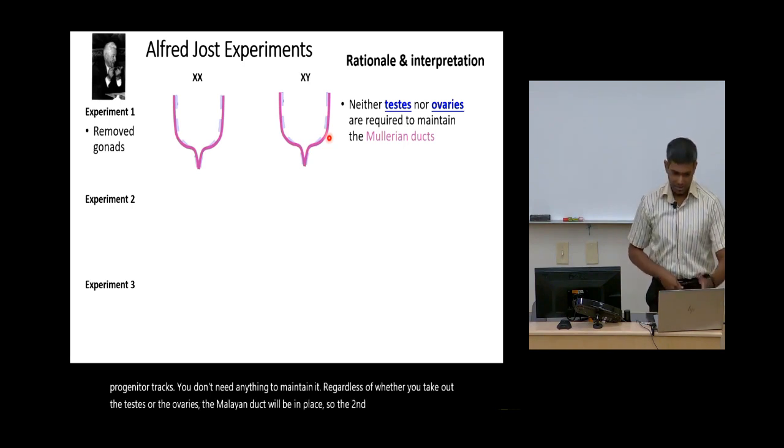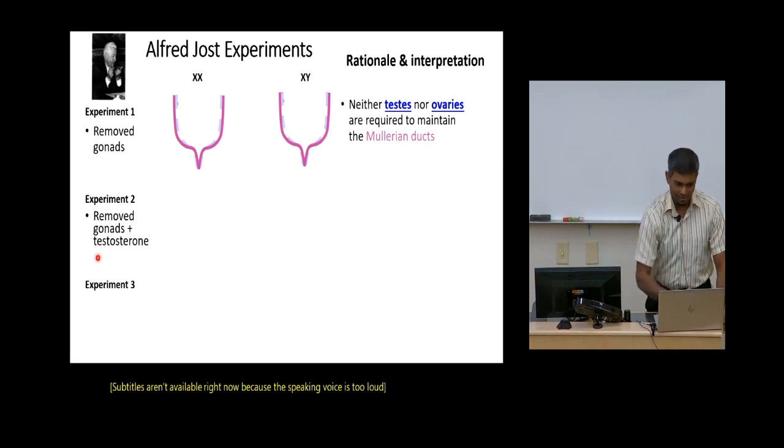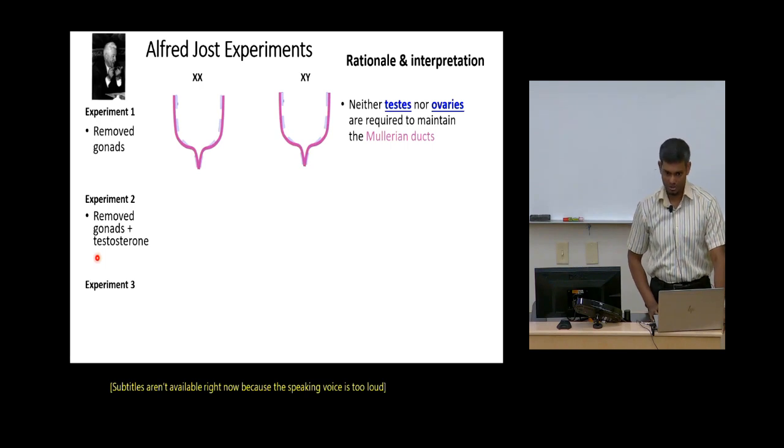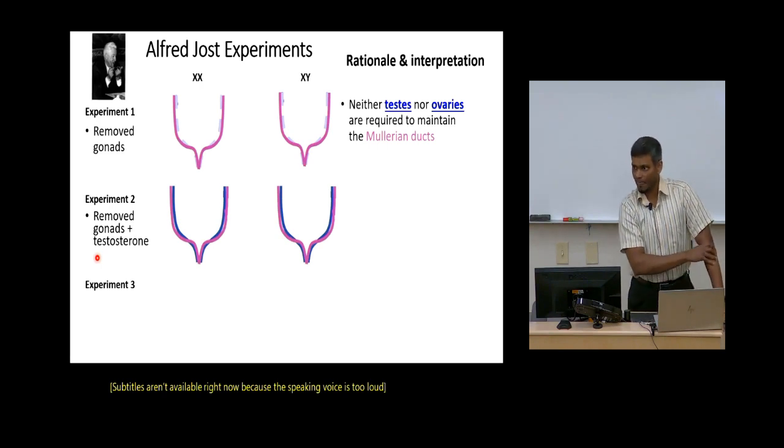In the second experiment, he took out the gonads, but he decided to add a testosterone crystal, right? He put in a crystal of testosterone, and what he found was that both the Mullerian and the Wolffian ducts remained. Okay, so how do you interpret this?